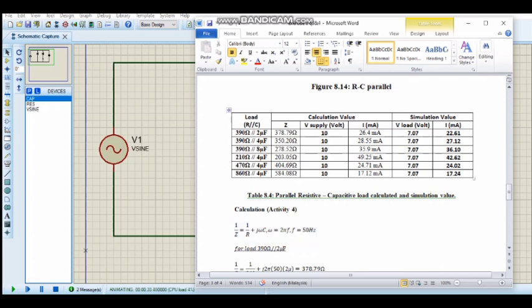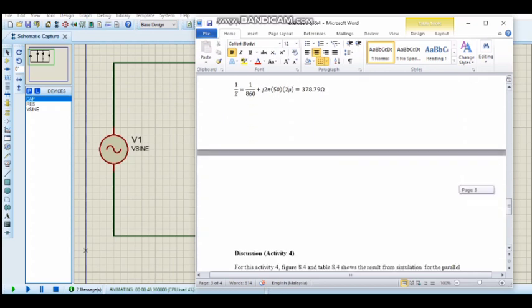So we get the value using this formula, and for Vs we use 10 volts, and the current is the same, using the formula from Ohm's law.